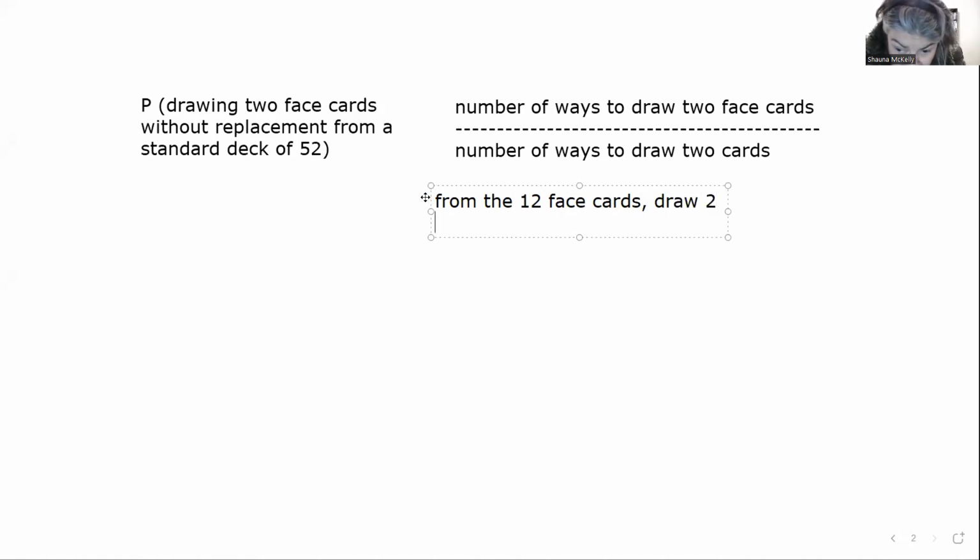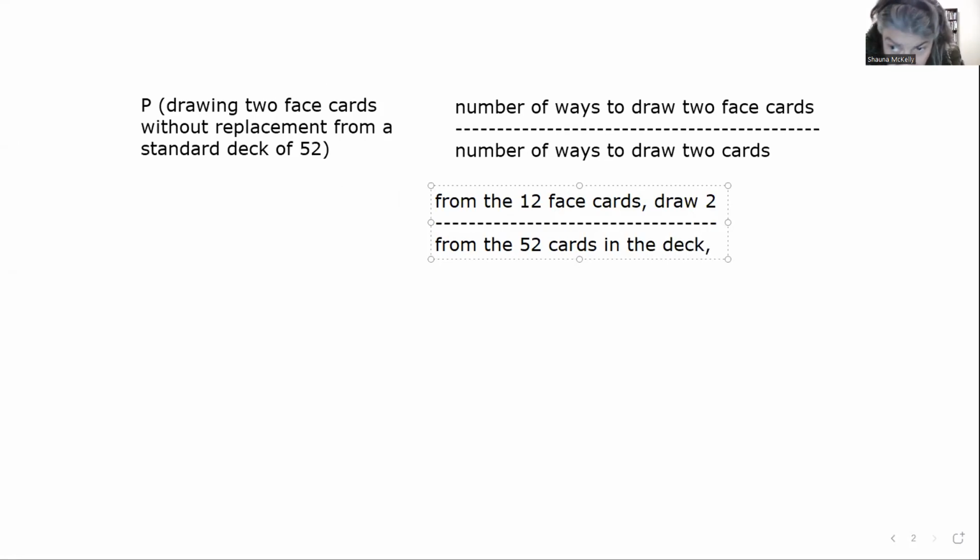And at the bottom, I'm going to say from the 52 cards in the deck, draw 2. That's the difference, okay? That's what we're looking at here, because our sample space, remember, is the set of 52, all right? So I hope that part makes sense to you.